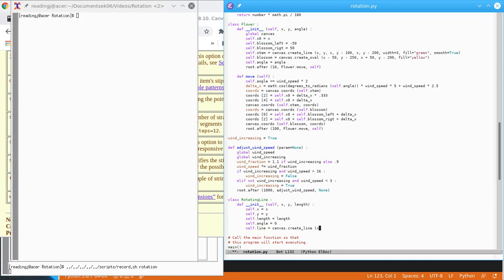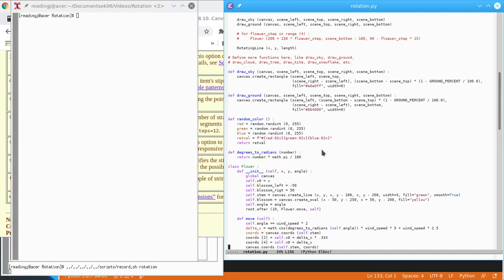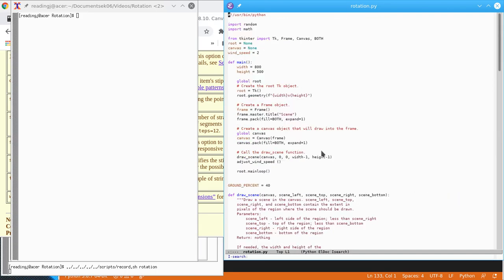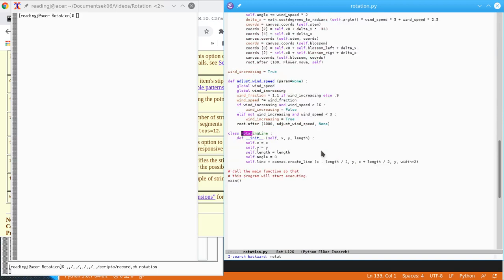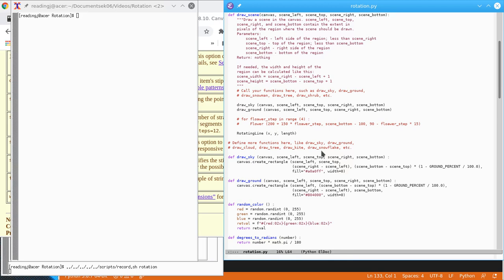So we need x, well, I can use x minus length over 2, y, x plus length over 2, y. Width is what it's called, right? Width equals 2. And so let's see. Okay, x, y, length. Oops. I need to fill in values for those.